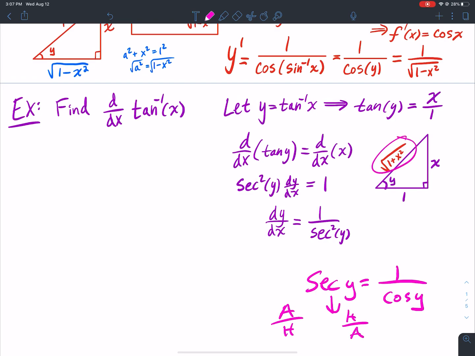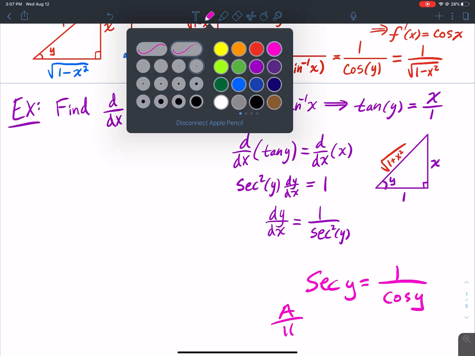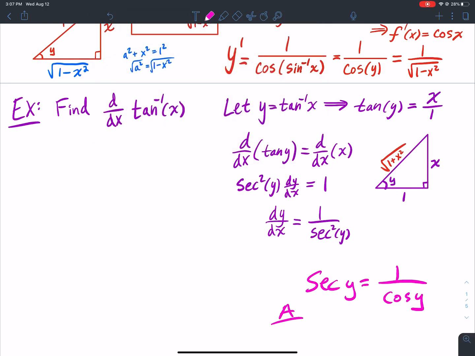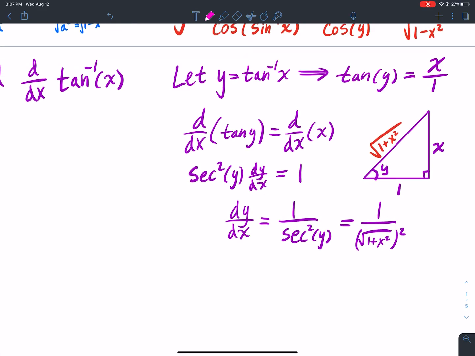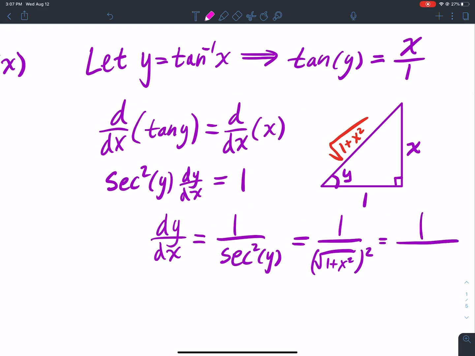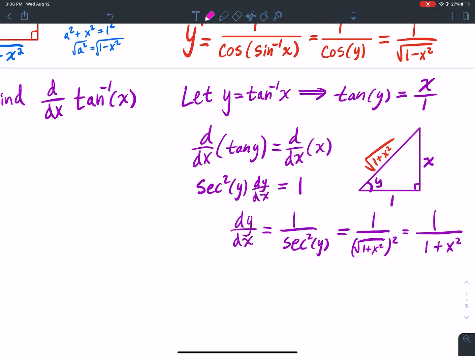So the denominator is literally this radical here, the hypotenuse divided by the adjacent. If I divide something by 1, it doesn't change anything. So this in here is the hypotenuse. Secant squared, and when I square the square root, those cancel each other, and I'm just left with 1 plus x squared.